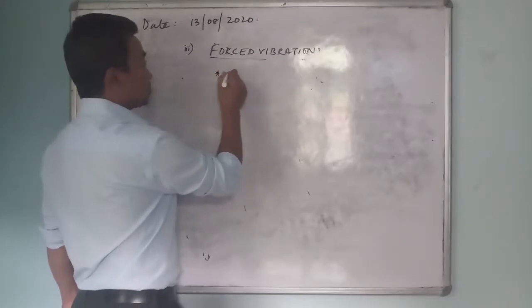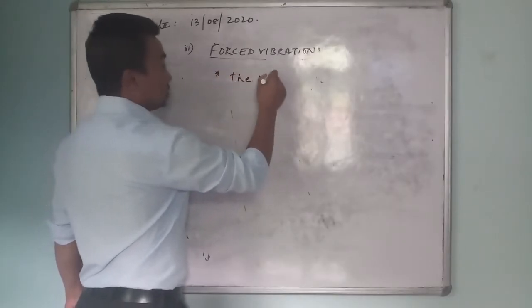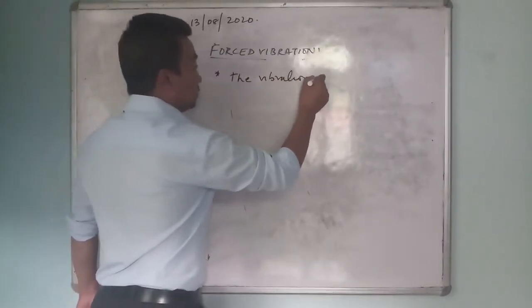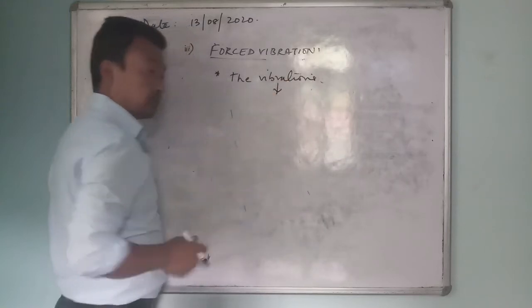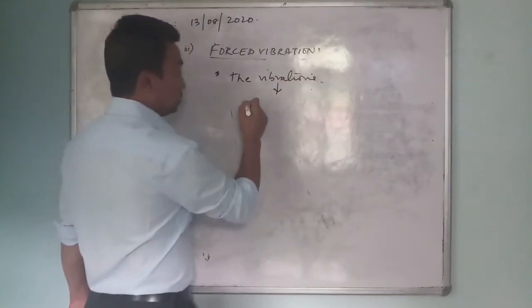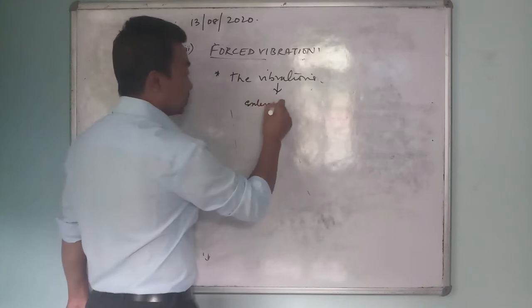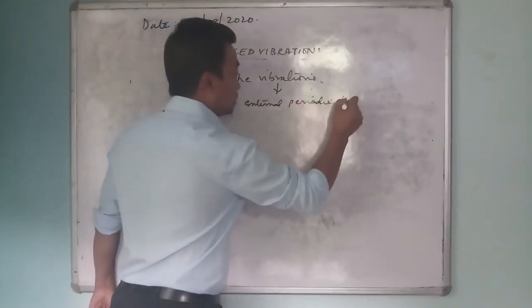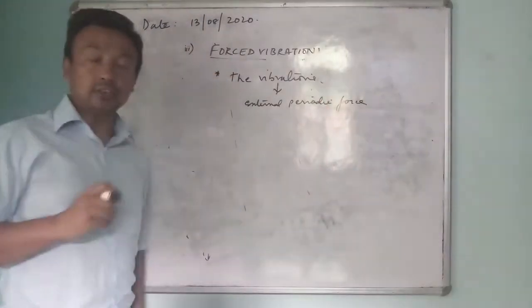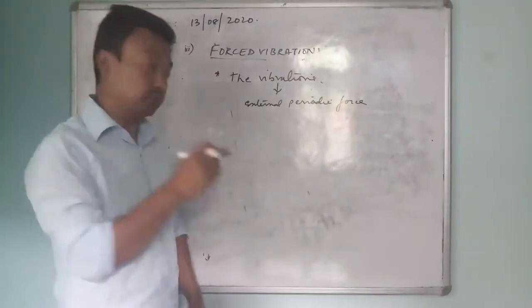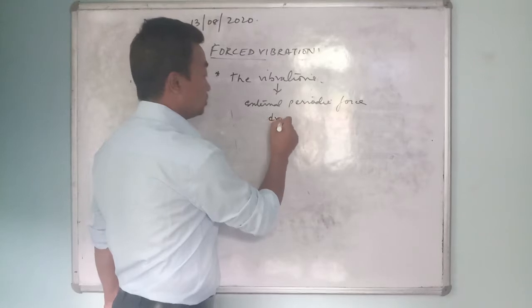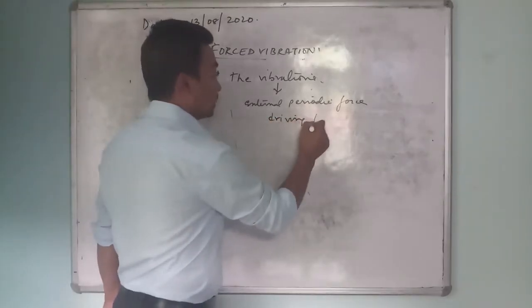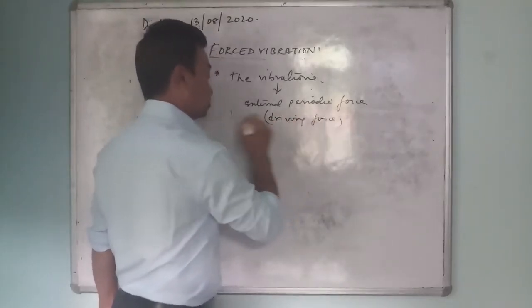So here the vibrations of a body take place under the influence of an external periodic force. This external periodic force which we apply to the body is also called the driving force.